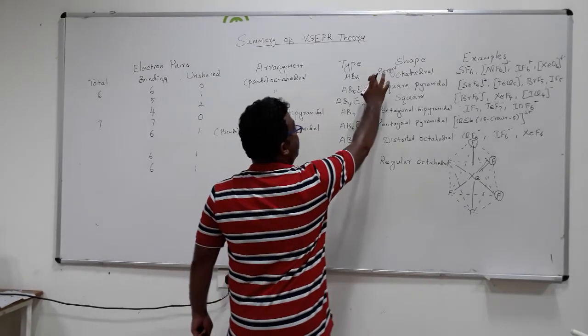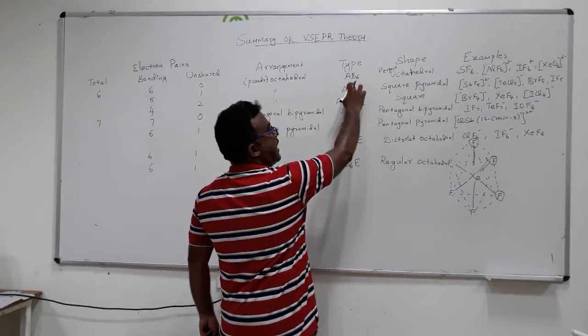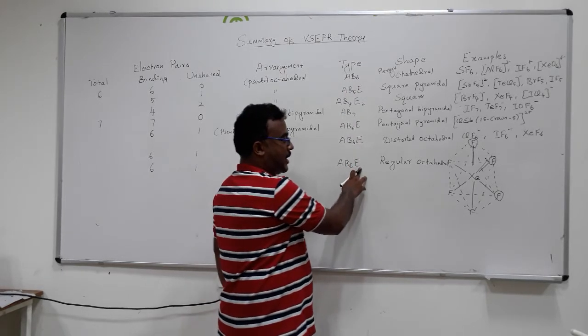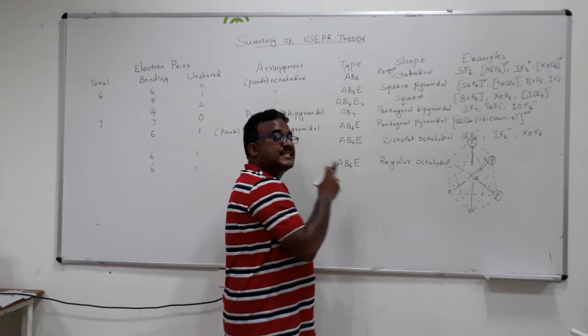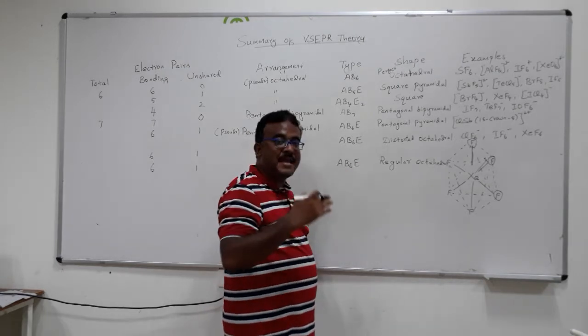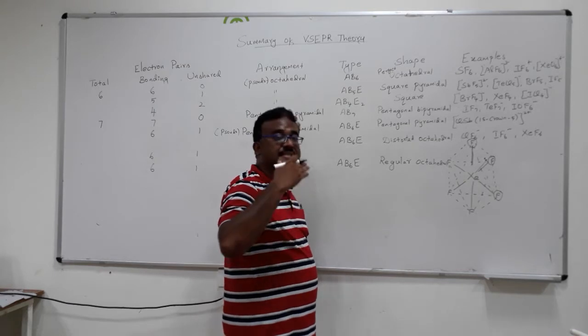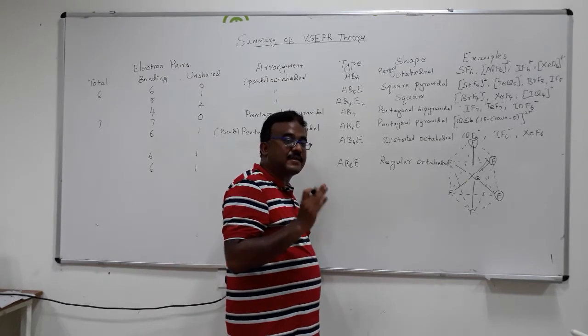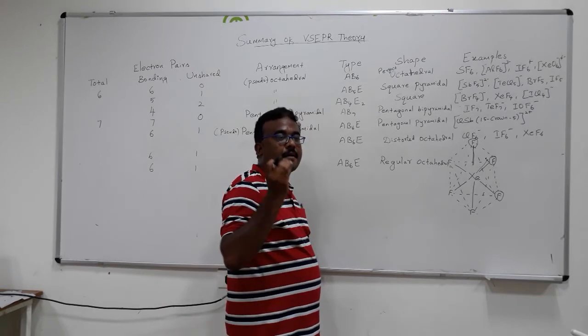What is the difference between this one and this one? It has AB6E, one lone pair of electrons, but this lone pair is stereochemically inactive. It stays close to the nucleus and will not change any bond length or bond angle.